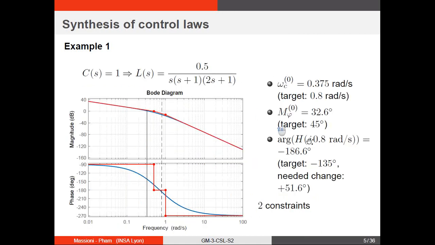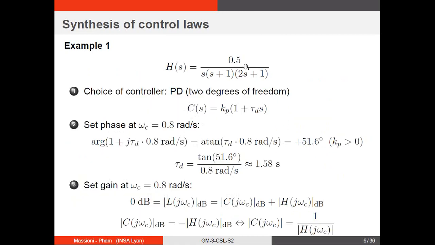We had it. They sum up, so minus 186 plus the angular frequency of the scalar kp, which is 0, plus the phase of this one.